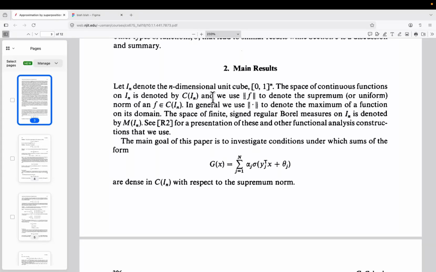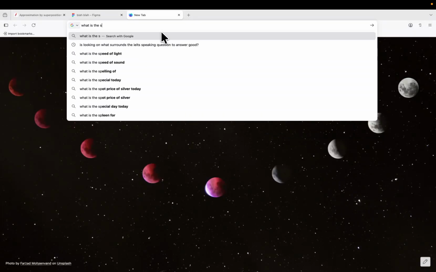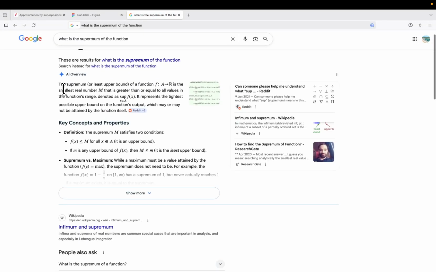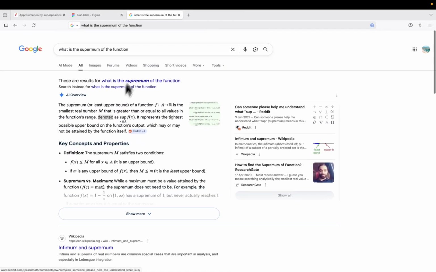In general, I was struggling with understanding this thing: we use those double bars to denote the supremum, or uniform norm. And what is the supremum of a function? The supremum of a function is the smallest real number that is greater than or equal to all of the values in the function's range.